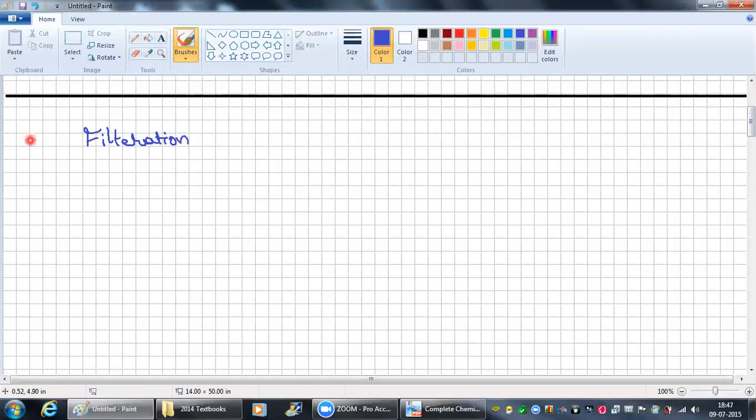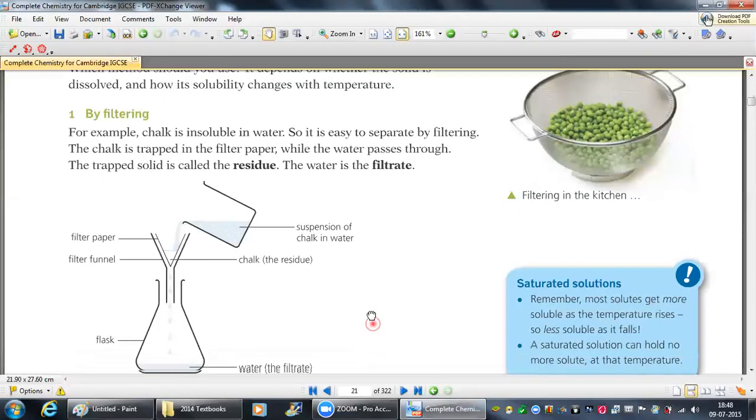This is the first method of separation. This is used for insoluble solids. So this is the method that will be used.